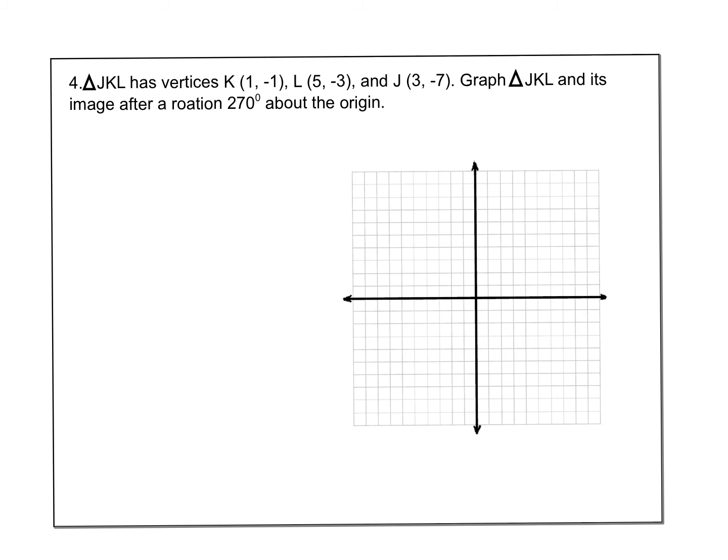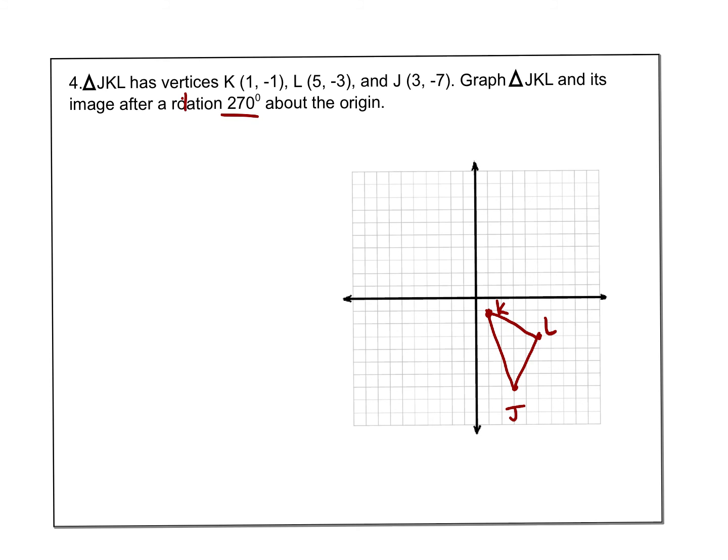So now if I look here, we have another triangle. So let's go 1, -1, so that will be K. 5, -3 will be L. And 3, -7 will be J. So now I want to go 270 degrees.